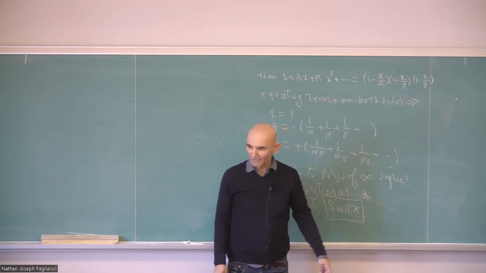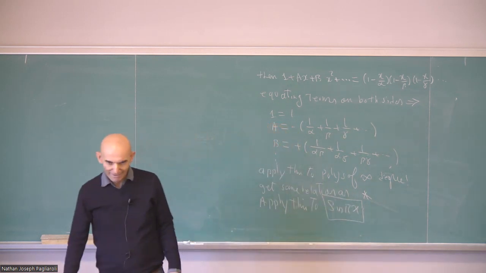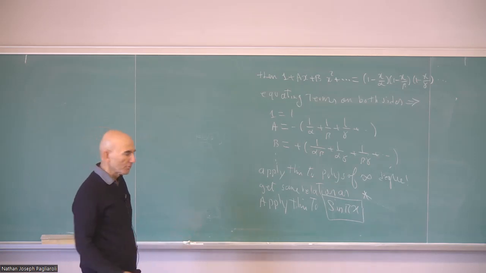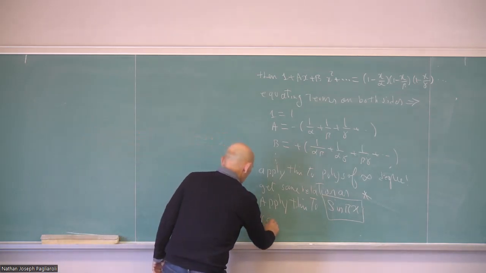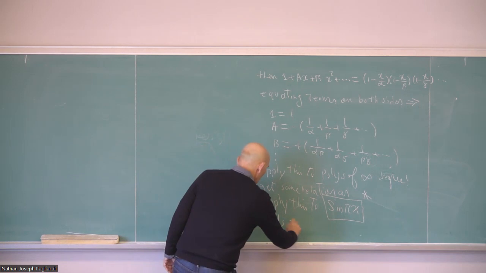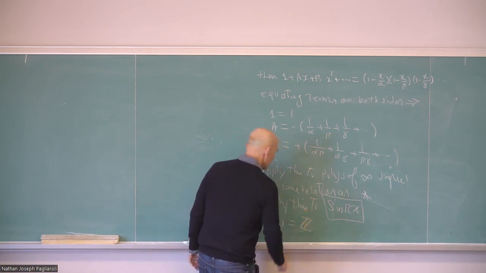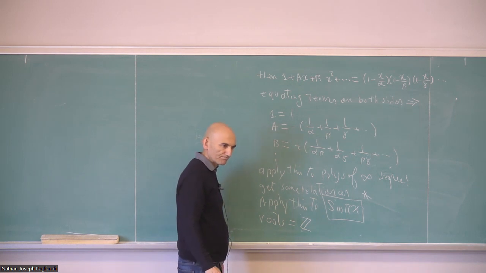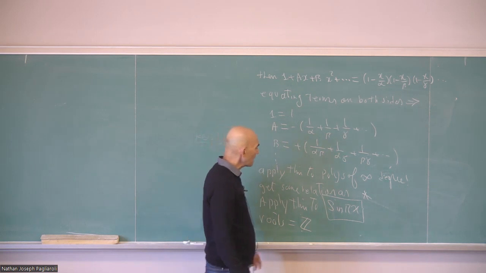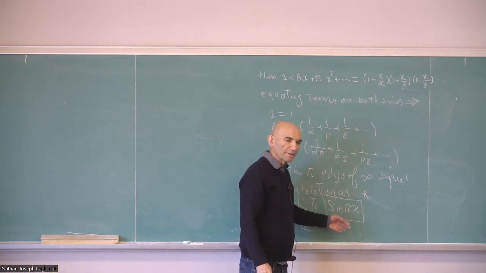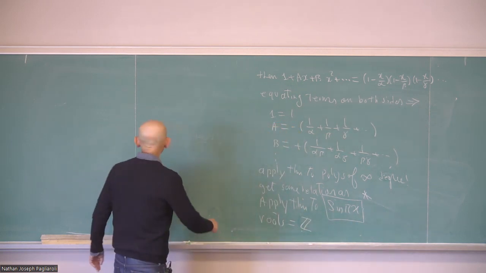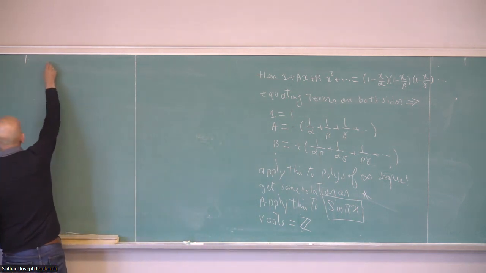What are the roots of sine of pi x? Just integers, right? The roots are just Z, the set of integers. And what is the polynomial itself? Sine of pi x. Well, we know that sine of x, right?